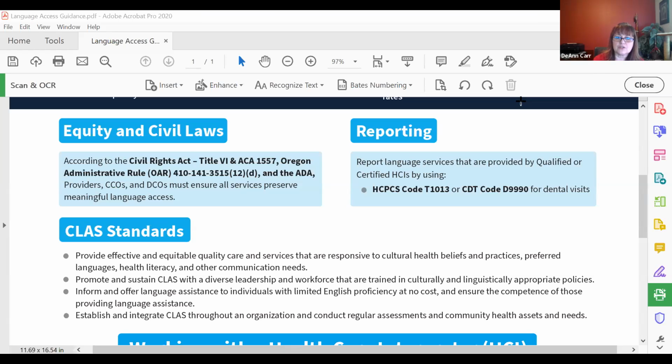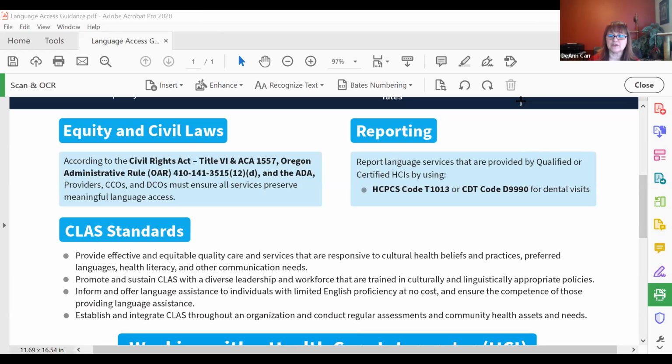One thing I would add, when calling for access to an interpreter, information that you might need will include the OHP number for the member. And that is different than the medical records number often within electronic health records for folks that may be part of a larger agency. Sometimes that pops up.